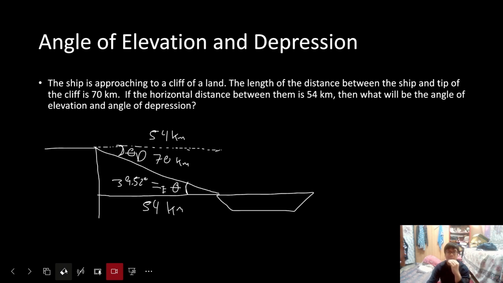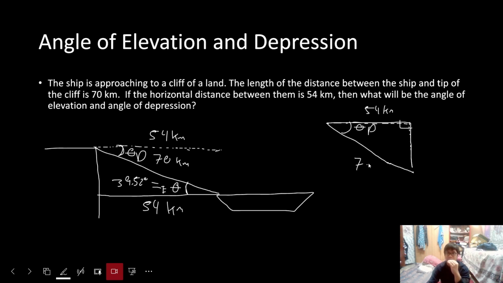We have the hypotenuse, and we have its horizontal length. The angle here is theta d. Then we have a horizontal distance here, which is 54 kilometers. Now we can imagine that there is actually a vertical side here, and because of that, we can have a right triangle.